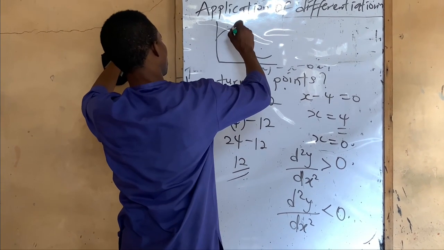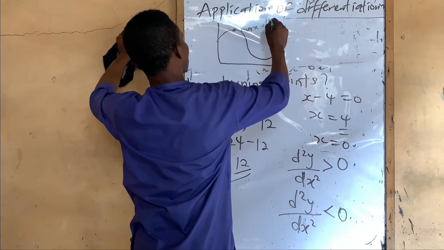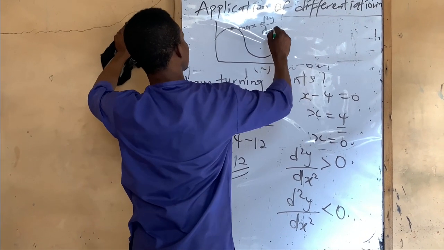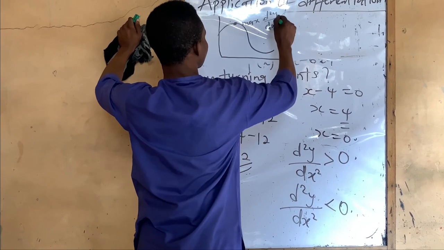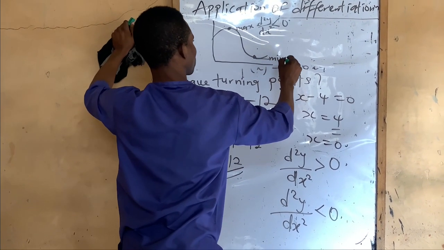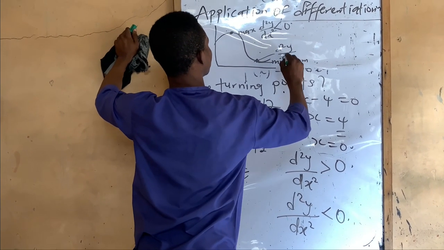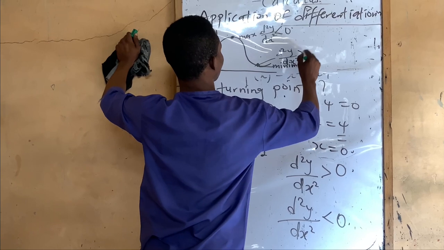At maximum, the second derivative d squared y over dx squared is less than 0. But at minimum, d squared y over dx squared is greater than 0.